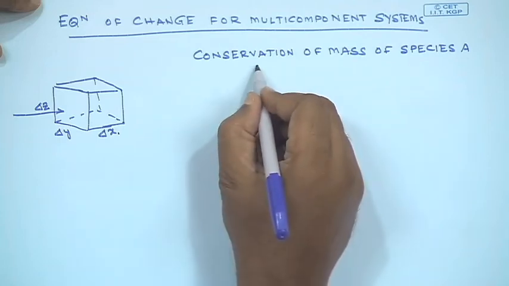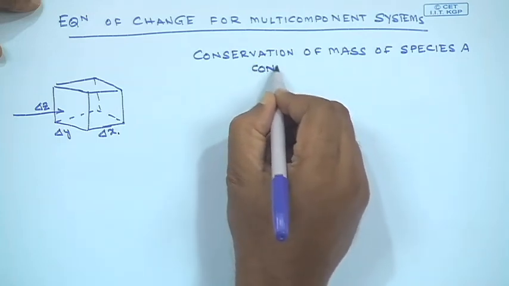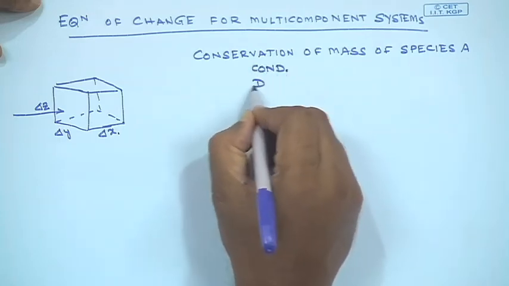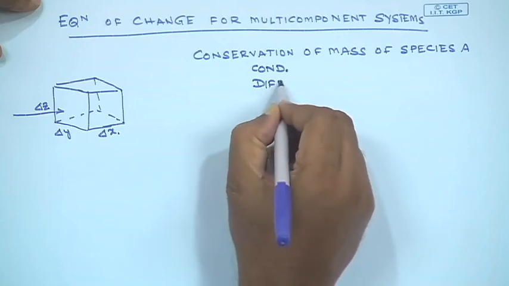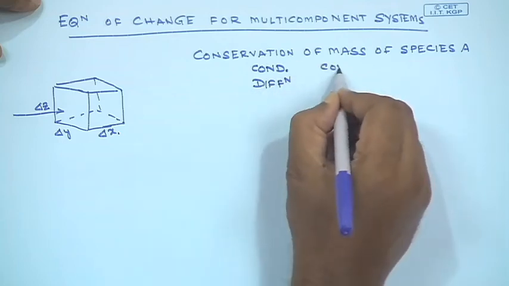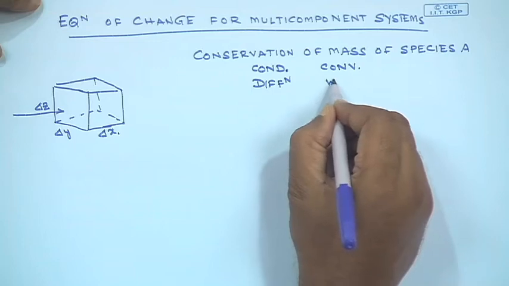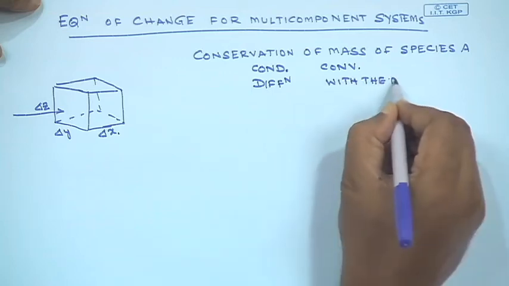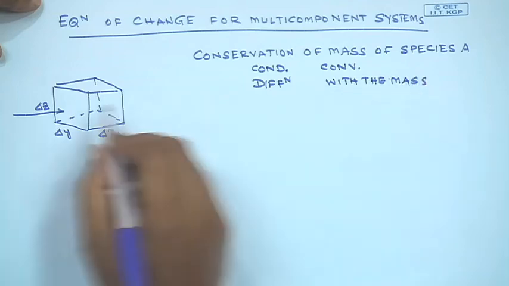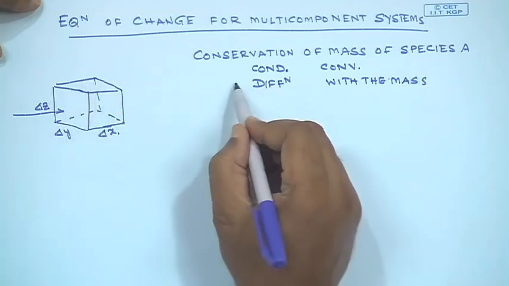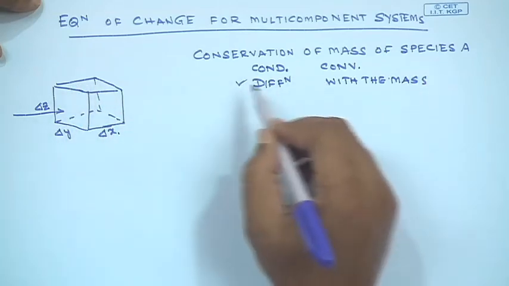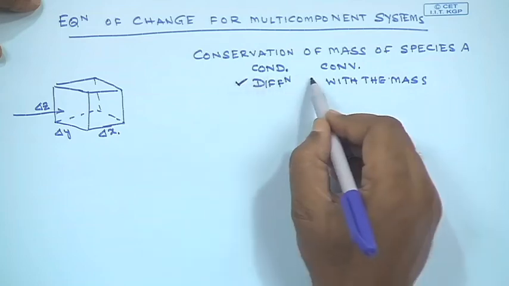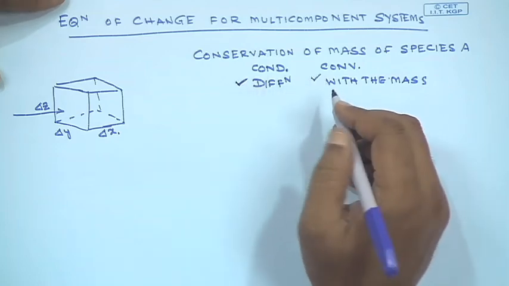So, we have to take care of both conduction, which is essentially diffusion, and convection, which is with the flow. So, mass, the species A, can enter this control volume either by diffusion as well as by convection.